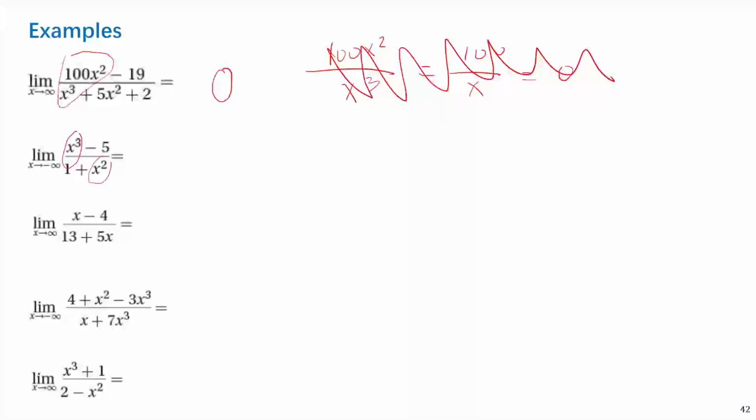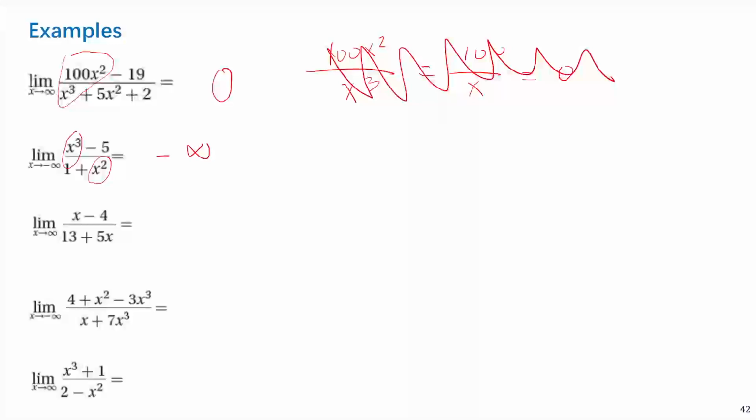This part will approach positive infinity. The quotient between these parts is x, right? When x approaches negative infinity, the limit of x is negative infinity, not positive infinity. So there is no limit. Or you could also say the limit is negative infinity.